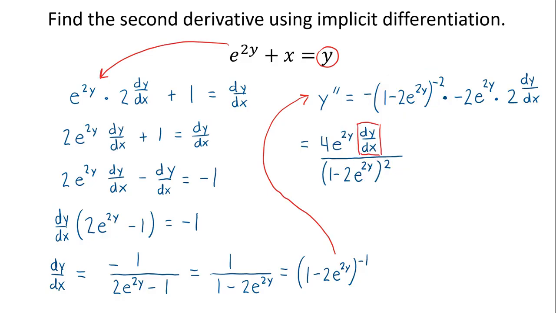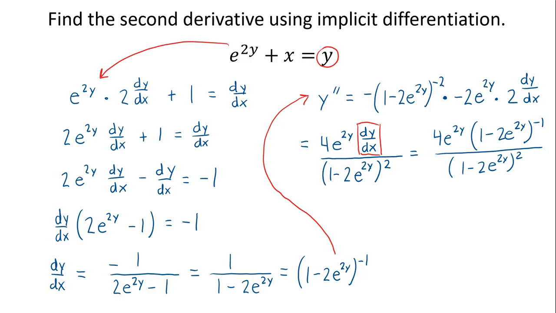Now wherever we see dy over dx, we'll substitute in the value of the first derivative. The value of the first derivative is 1 minus 2 times e to the 2y, all raised to the negative 1 power. Making that substitution gives us this expression. Now I notice that I have factors of 1 minus 2 times e raised to the 2y power in the numerator and denominator.